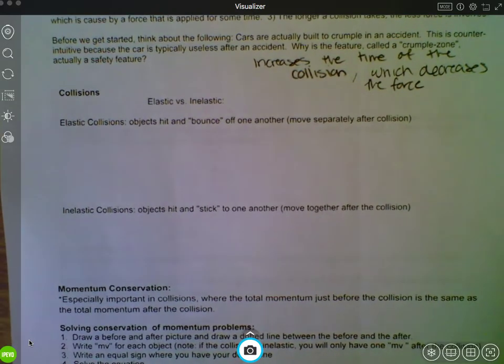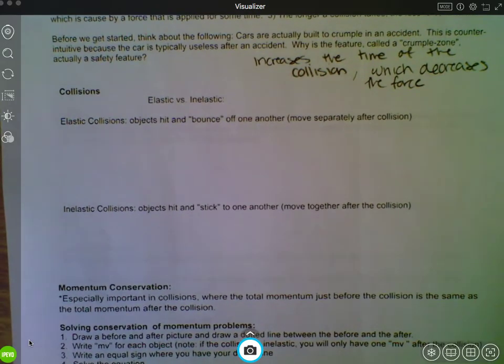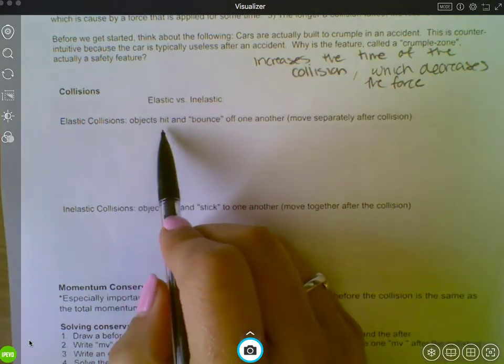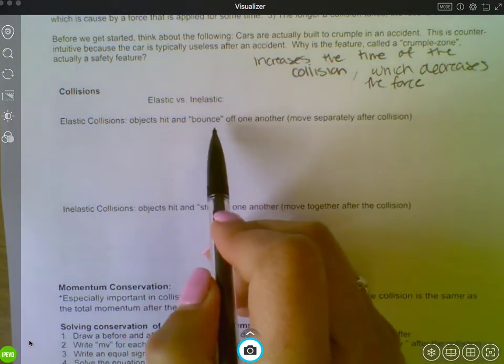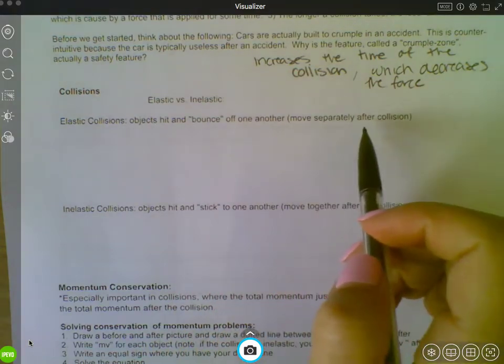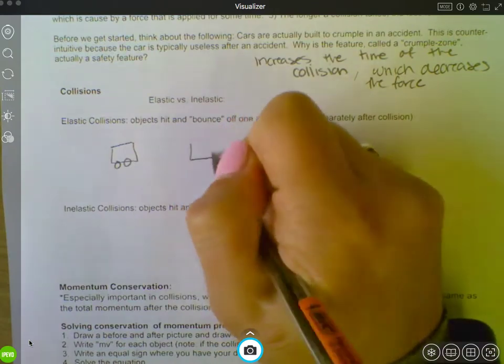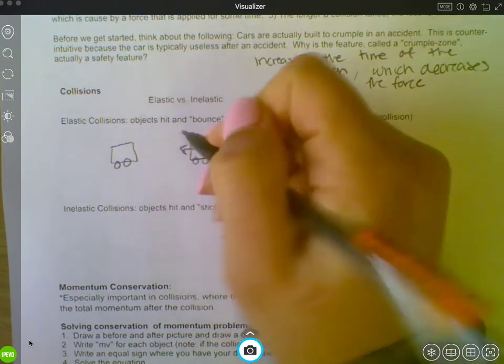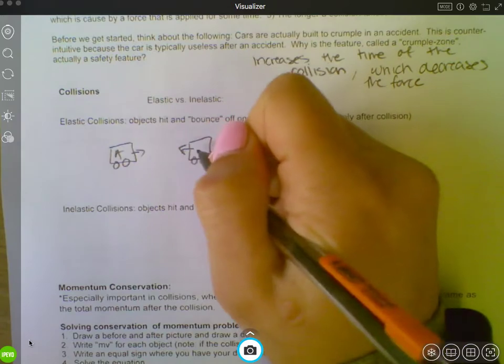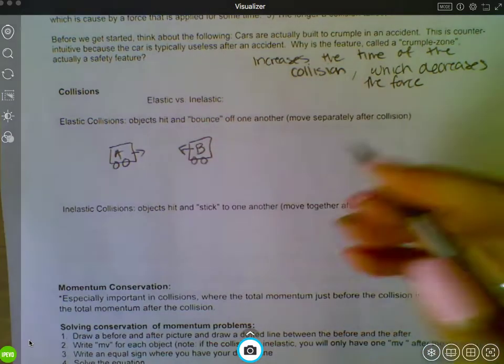All right, so for collisions, there are two types: elastic and inelastic. Elastic collisions are when two objects hit and bounce off each other, so that after the collision, they're moving separately. Usually it looks something like this. Here's car A and car B. Let's say car A is moving to the right, and car B is moving to the left.